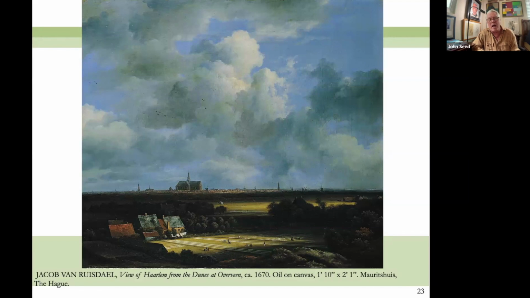So you have that low horizon. Two thirds of the painting is the clouds. If you're secular, they're clouds. If you're religious, they're the clouds of heaven. And this fantastic light raining down in patches on the fertile fields, with tiny figures doing the farm work in the foreground. Again, the church in the background, letting you know where the center of town is.